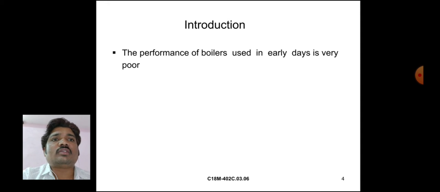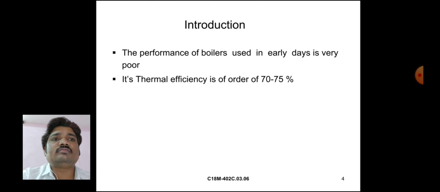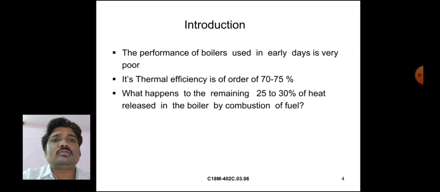Introduction. The performance of boilers used in early days was very poor. Their thermal efficiency was in the order of 70 to 75%.